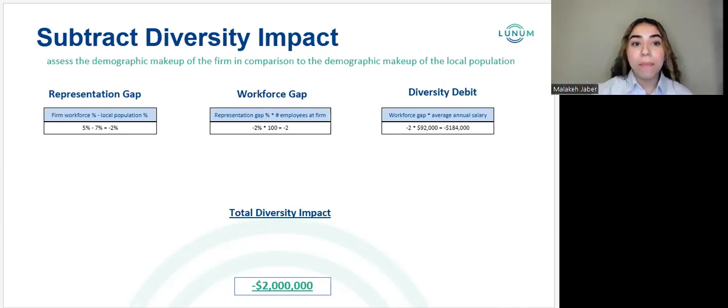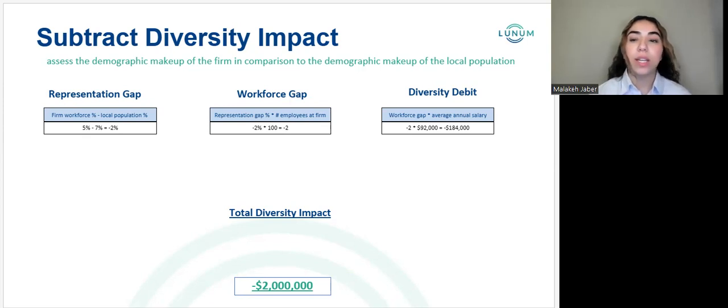Now, the first step in calculating diversity is to calculate the representation gap. We reach this by taking the percentage makeup of any given demographic group. For employee X, that's Black females, and we subtract that by the percentage makeup of that same demographic group within the local population. So we can see here that at company ABC, there's 5% Black females.